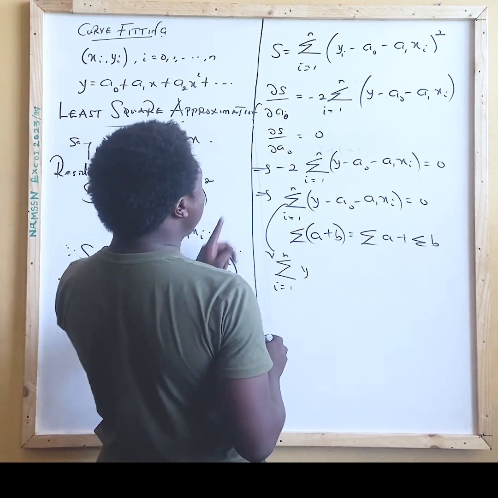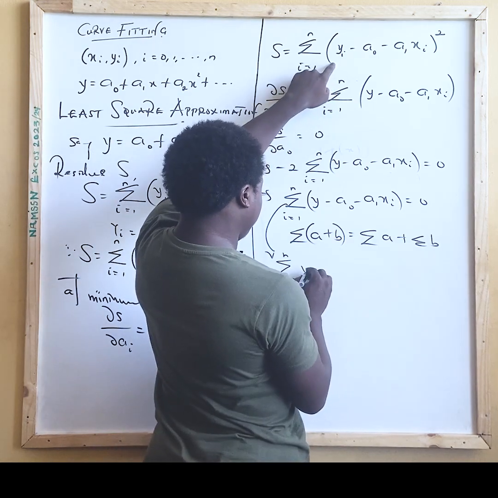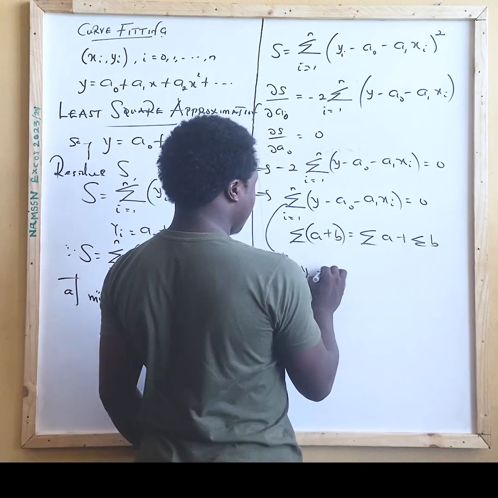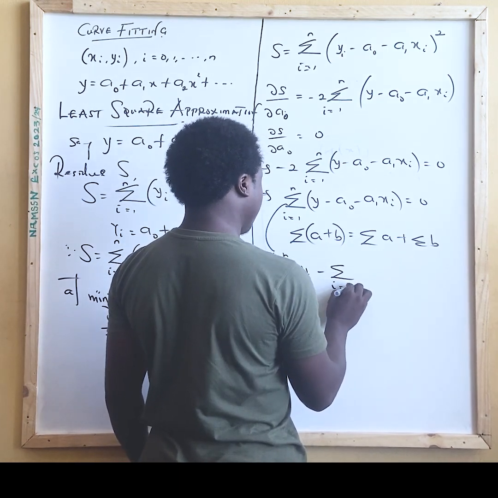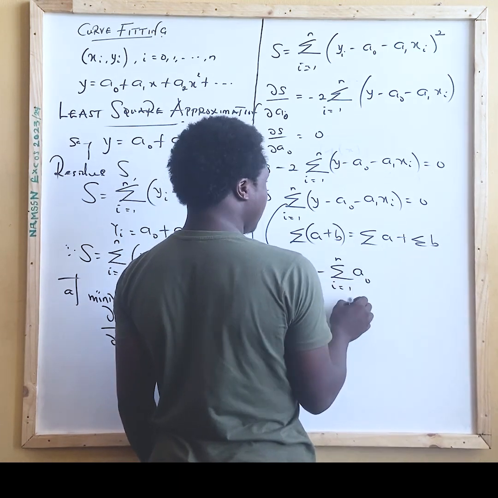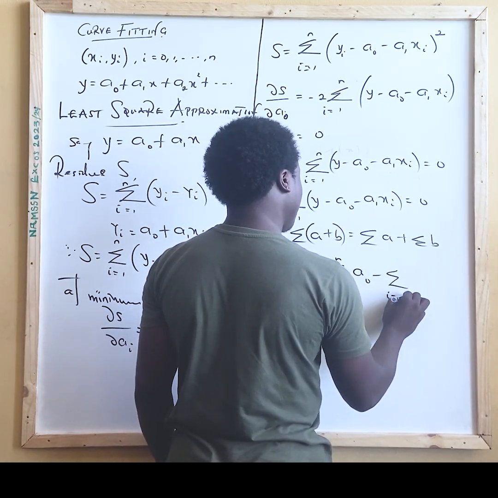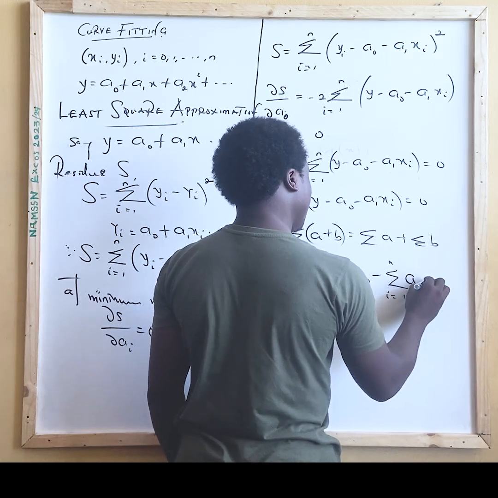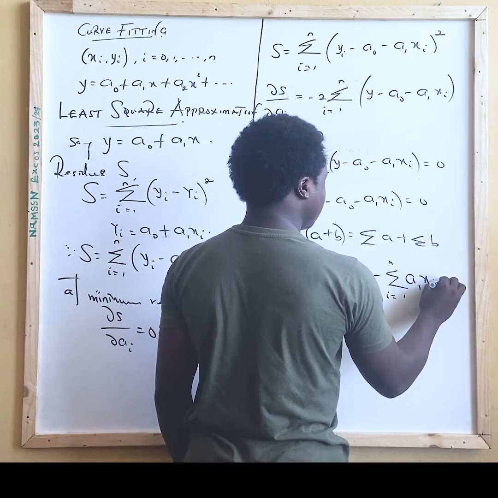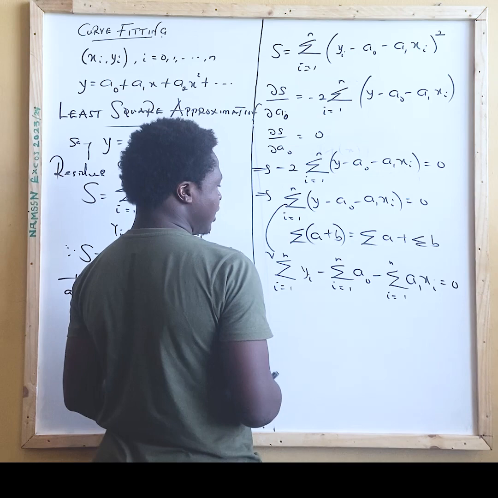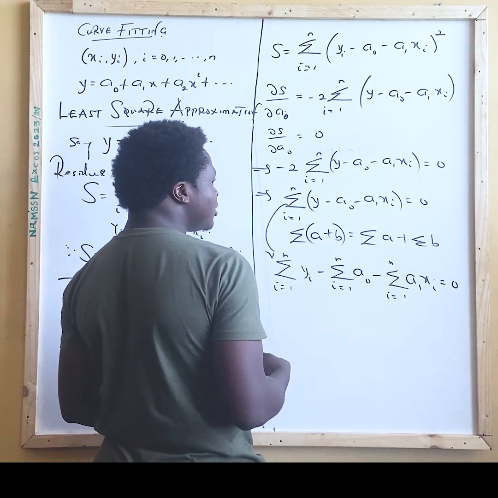It is supposed to be yi, so let me bring out this i. It's supposed to be summation yi minus summation i from 1 to n of a naught minus summation i from 1 to n of a1 xi, which is equal to 0.